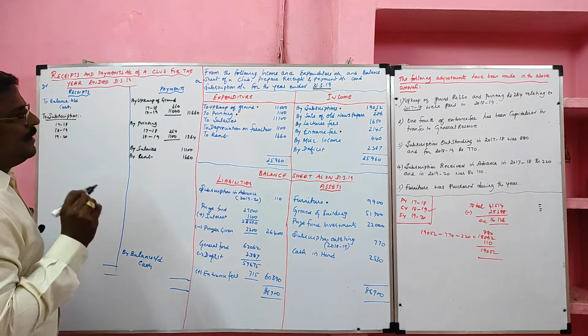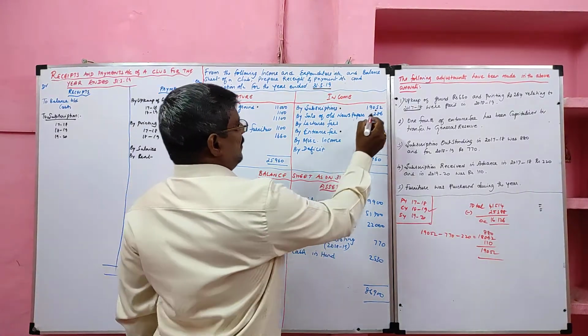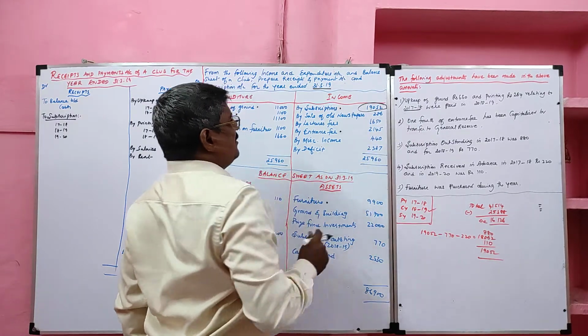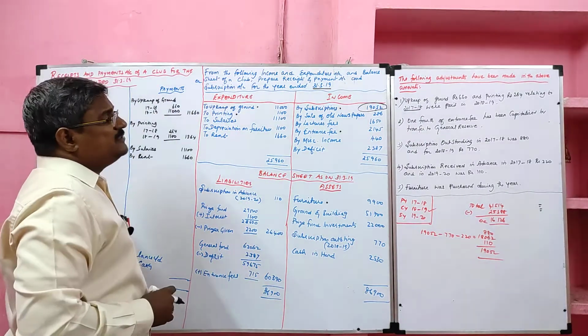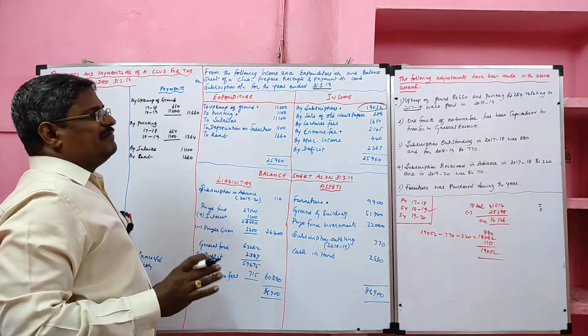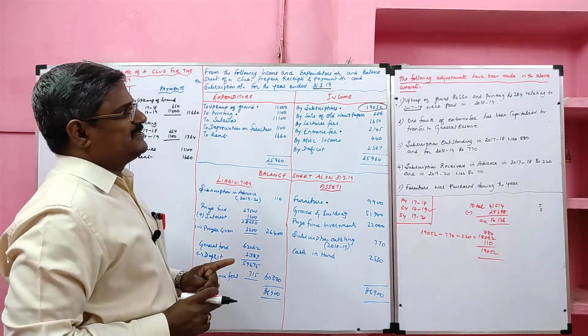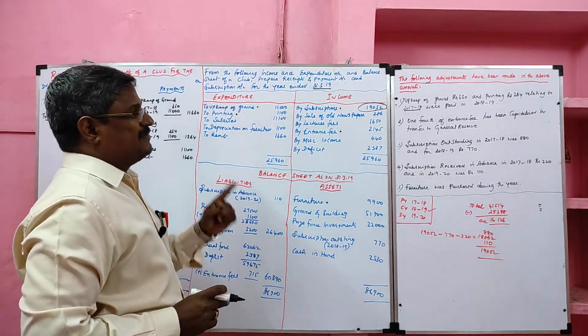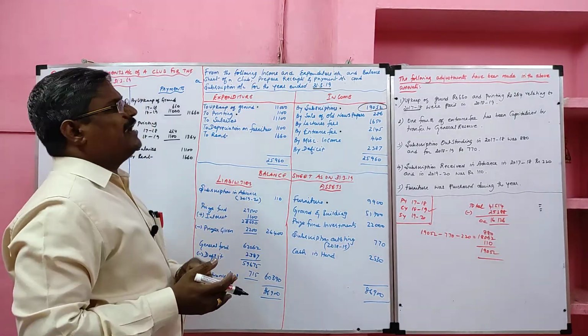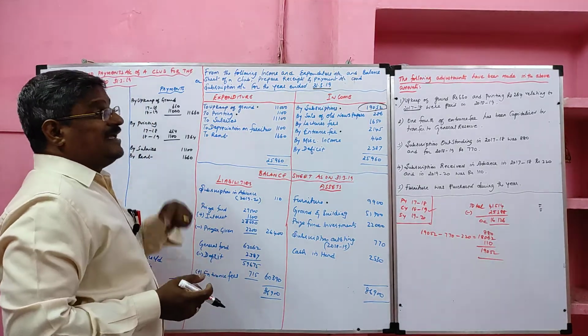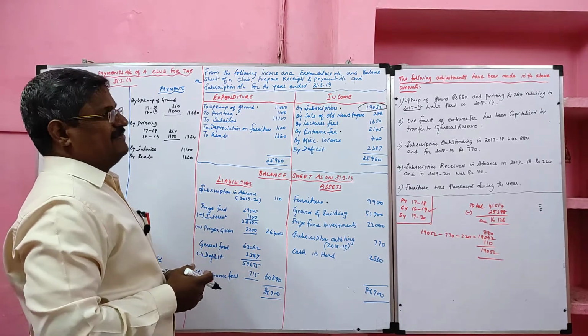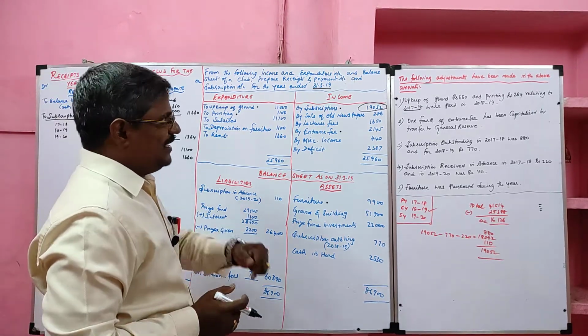First, on the income side, subscription worth 19,052 is recorded. Here we have to deduct 2 items. First one is current year subscription outstanding. Second one, we have to deduct last year subscription received in advance for the current year.